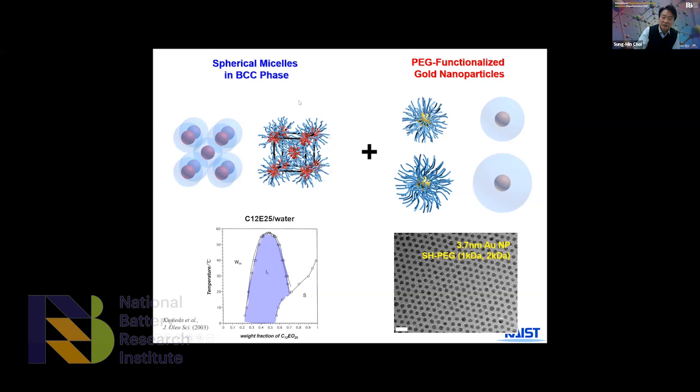So you may consider this as a binary mixture of two spherical particles, or a binary mixture of micelles of different diameter. The diameter of the nanoparticle we used is 3.7 nanometers, and we used two different sizes of the molecule. One is the short one, 1 kilodalton, and the other is a 2 kilodalton functional group attached to the gold surface with the diol group.